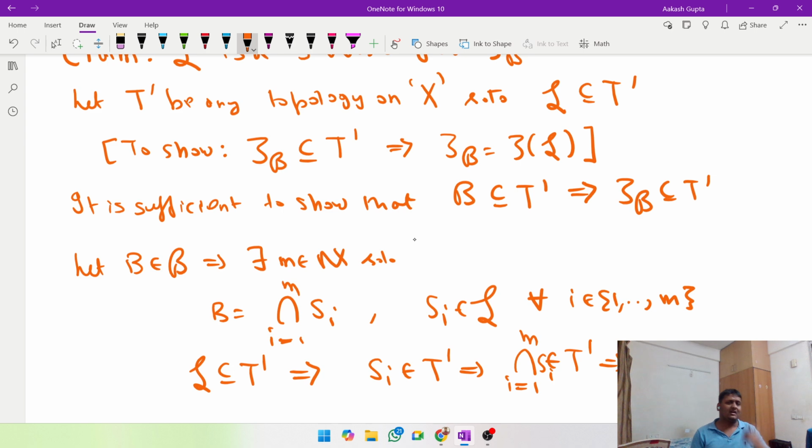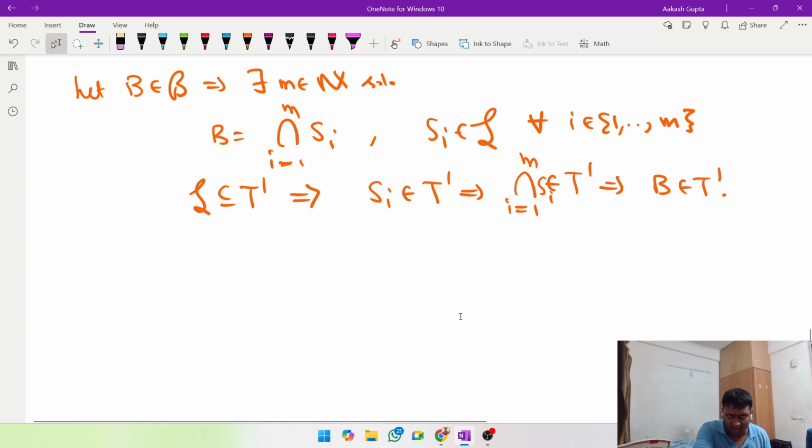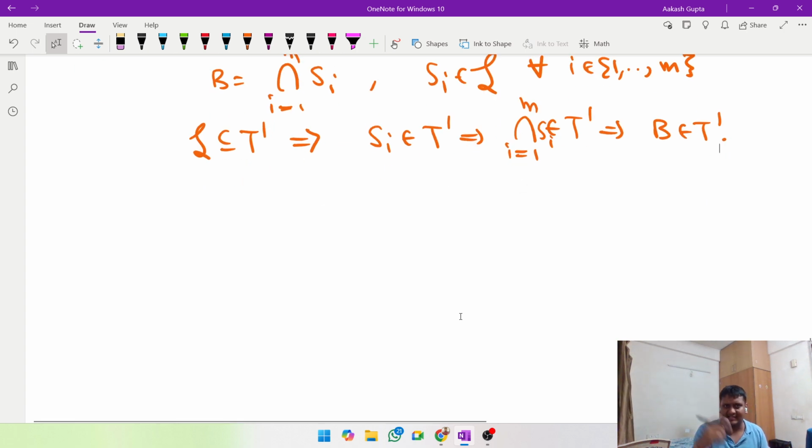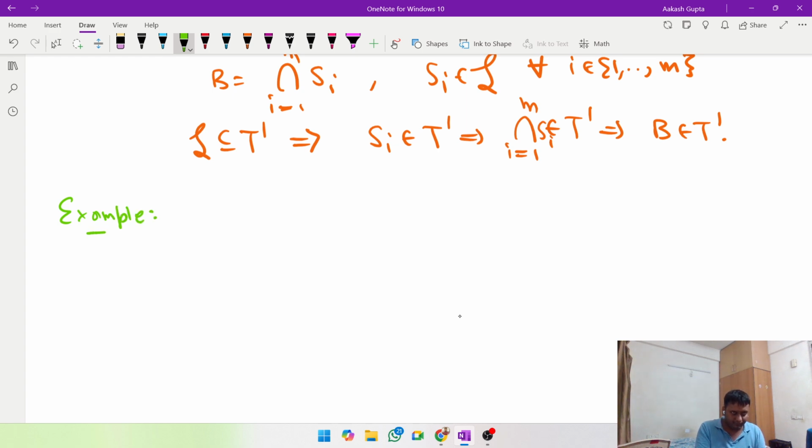So let me conclude with an example of this construction. Let me use a different color. I hope you all know what an ordered set is.